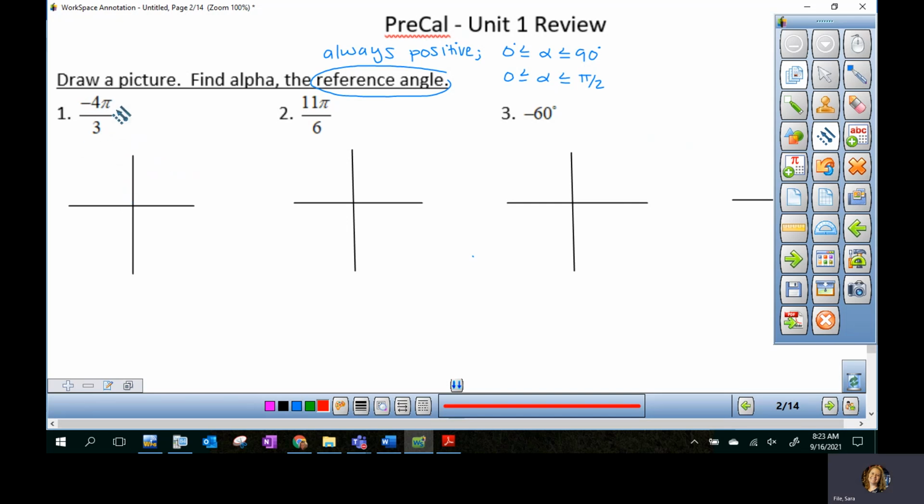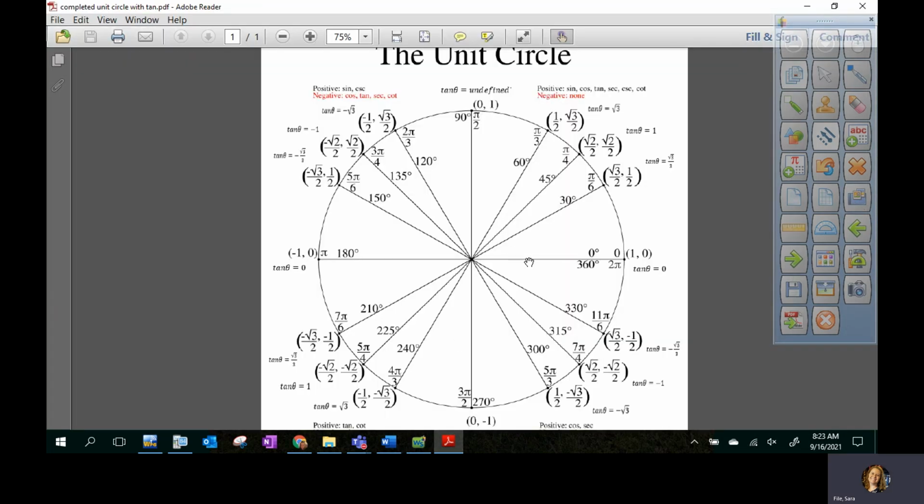All right, now negative. Some of y'all are still struggling with a negative angle. Remember, positive is going counterclockwise in the order the quadrants are numbered. Negative, you go down into quadrant 4 first. You're going clockwise. But I need to go clockwise 4 pi thirds. You can look at your unit circle if you're able to read this. Remember, all of these with the denominator of a third are pi thirds.